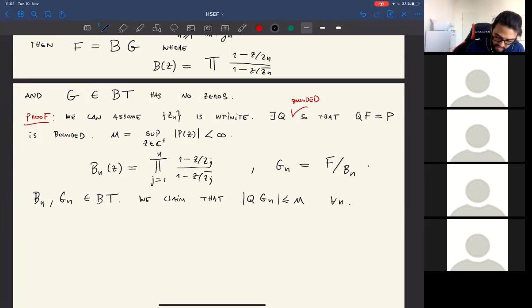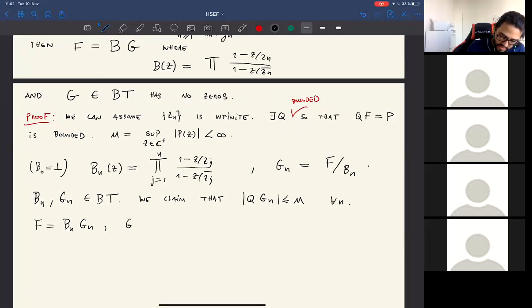So therefore, the limit of the G's would be of bounded type as well. So how can we show this? Well, note that f is always, by definition, B_n G_n. And let's say I define here B_0 as just being 1.